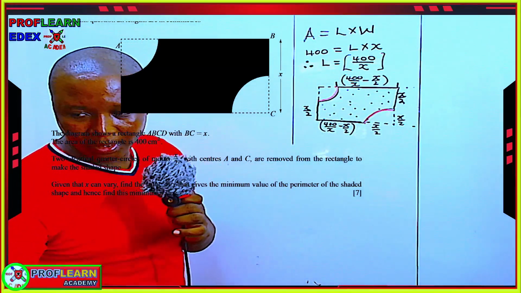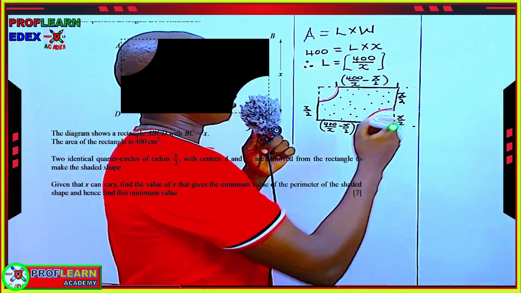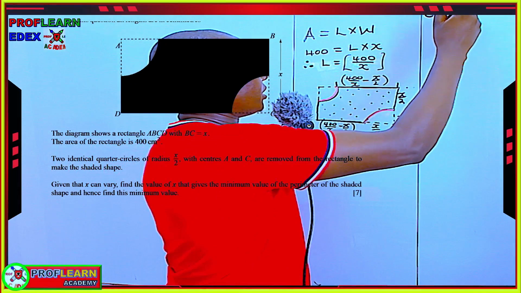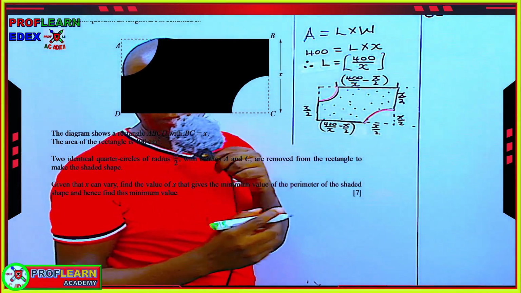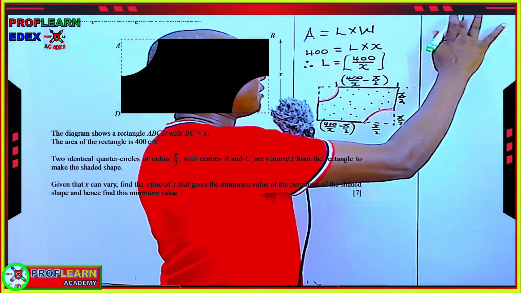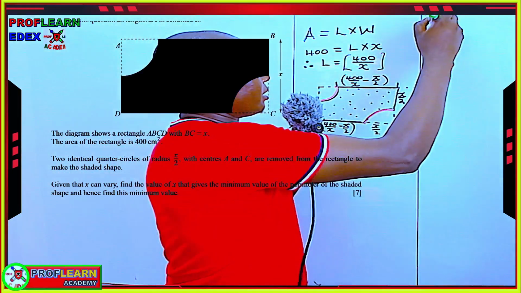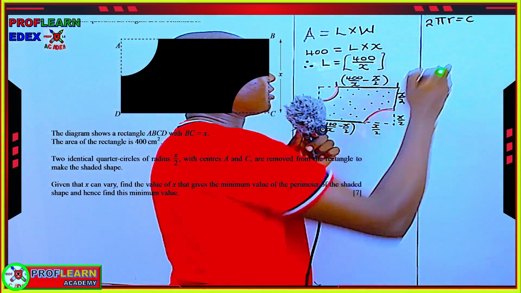So in the process of working out our question here, remember the circumference of a circle is 2 pi r. Circumference of a circle is given by 2 pi r.